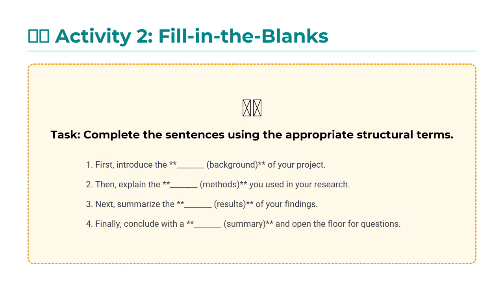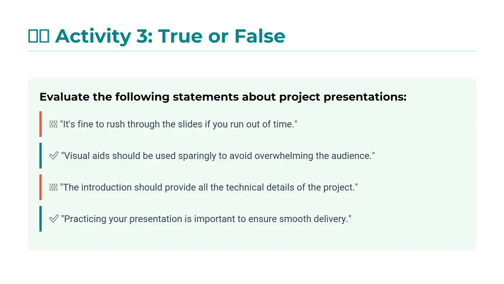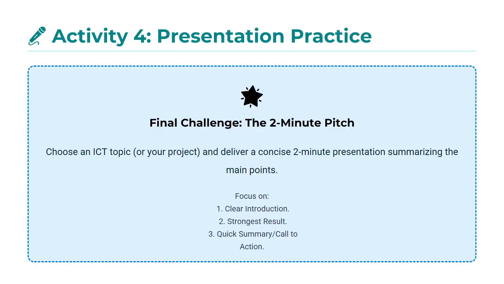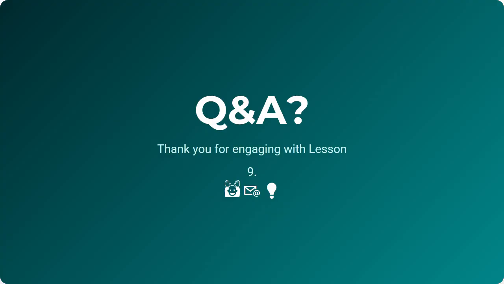For the second activity, I want you to put the appropriate terms between brackets. And for this activity, I want you to decide whether it is true or false. And here there is a challenge. I want you to prepare and deliver your own presentation by drafting it, and we'll correct it together later.